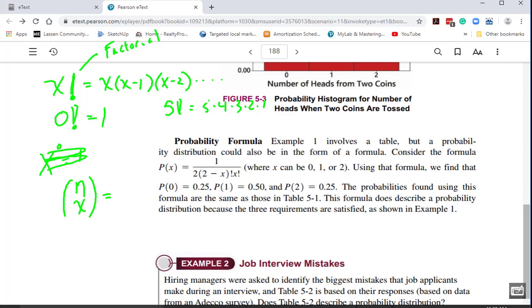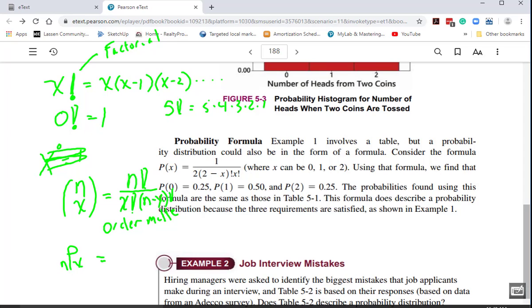This means we're going to take n factorial and divide by x factorial times n minus x factorial. This is what you do when order doesn't matter. And this other one is called the permutation rule, where order matters.